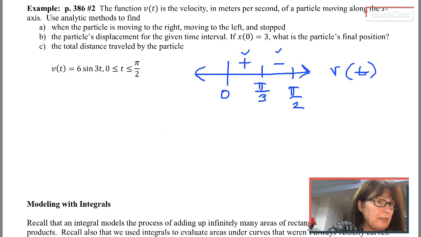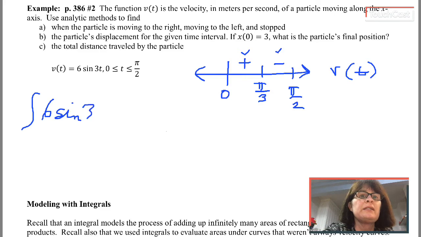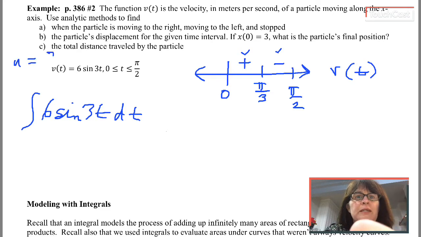Can I find the displacement over the time interval 0 to pi over 2? And if I know the initial position, can I find the final position? Well, the good news is to find displacement, I'm going to integrate velocity. 6 sine 3t dt. Maybe you want to make a u substitution, let u equal 3t, du over 3 is dt.